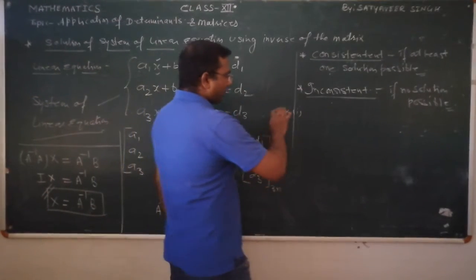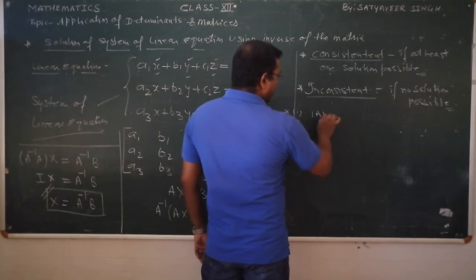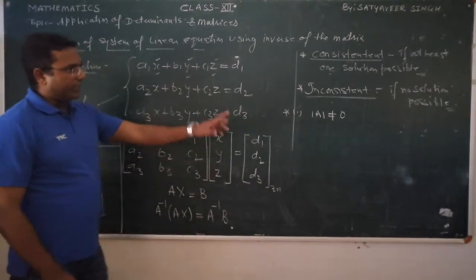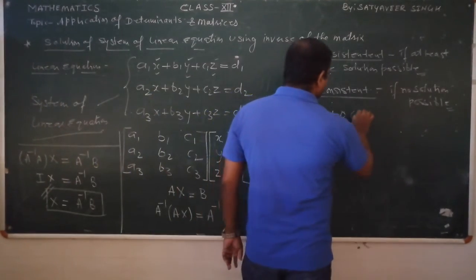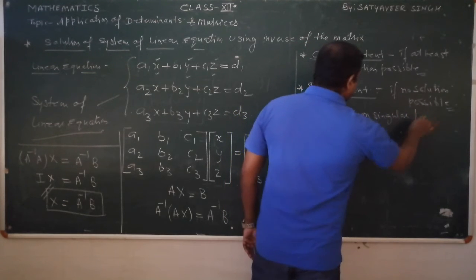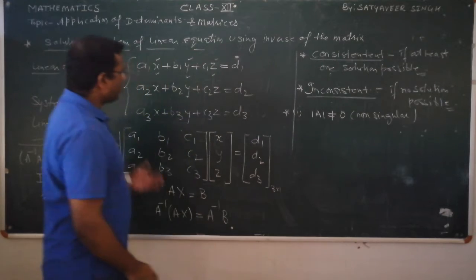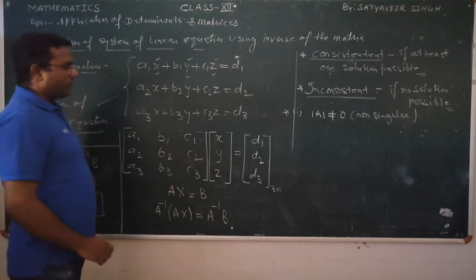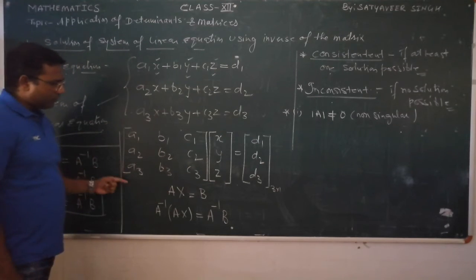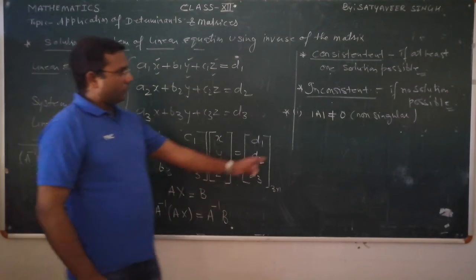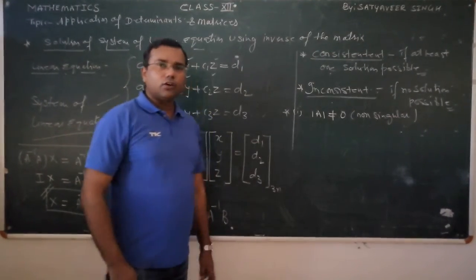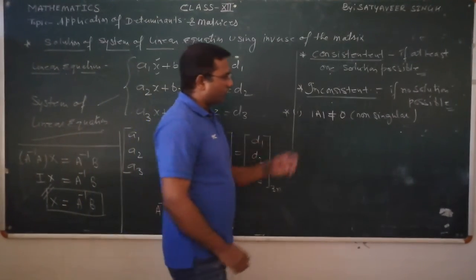So the first rule is what? Here, if determinant A you are finding and that is coming non-singular, student, once you are going to solve the system of linear equation, you will have to write them in this form, and further you will have to check first of all what is the value of determinant A. It must be coming not equal to 0, this non-singular.